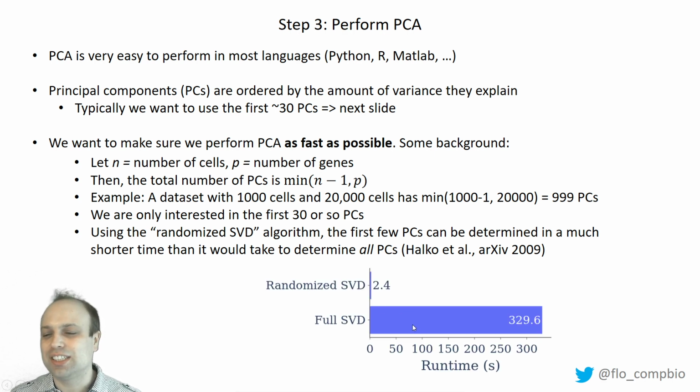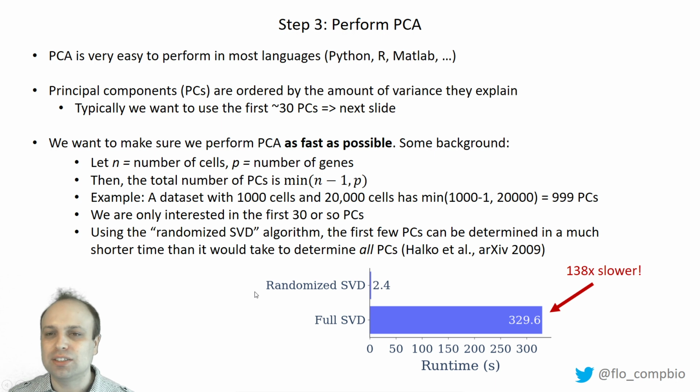Here's an example on actual PBMC data, 10,000 cells, I think. The randomized SVD took 2.4 seconds. The full SVD, what you use to get all the principal components, took more than 5 minutes. That's a difference of 138-fold. We don't want to wait 138 times longer than we need to for our PCA. So you want to make sure you use the right implementation.